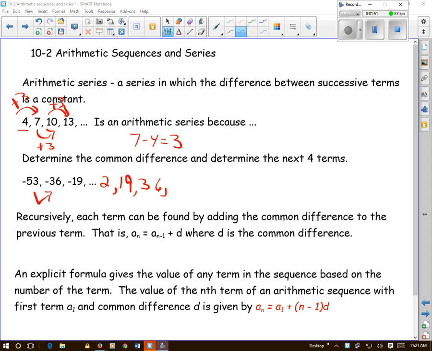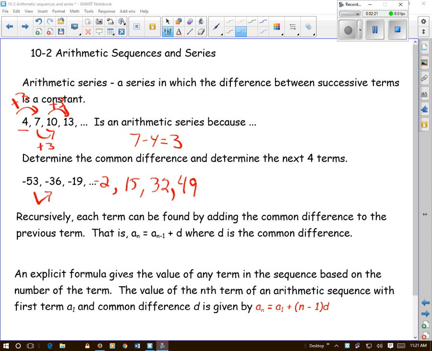So if we add 20 and then subtract 3 is the easy way to do it? Oh, negative 2. There's the problem. Oh, thank you. Okay. So negative 2 plus 17 is 15, plus 17 is 32, plus 17 is 49. So there's the next terms.